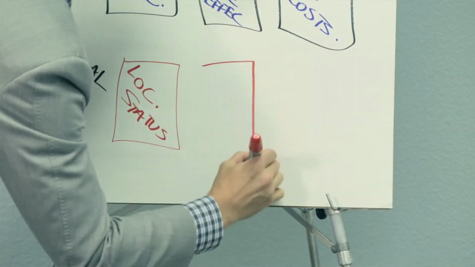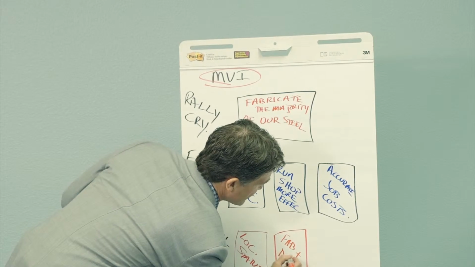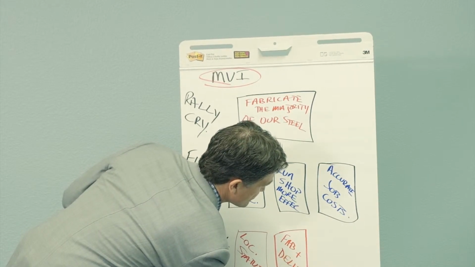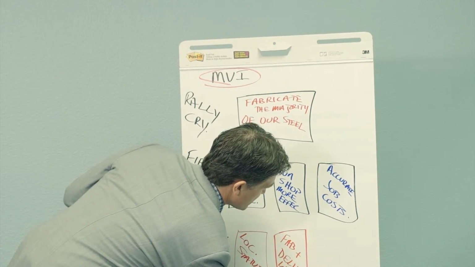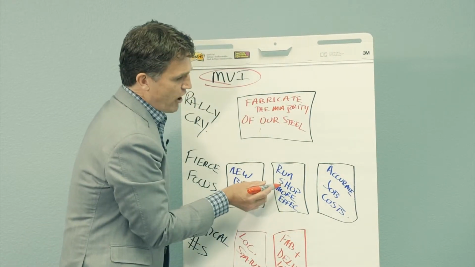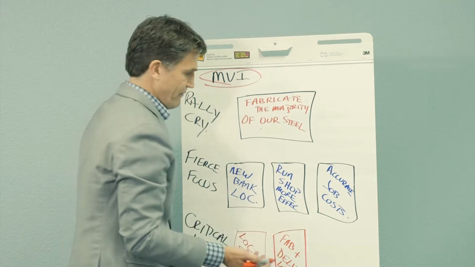The second one was fabricated and delivered weight. If they're running the shop more effectively, then they're going to be fabbing and delivering more weight, obviously, right?